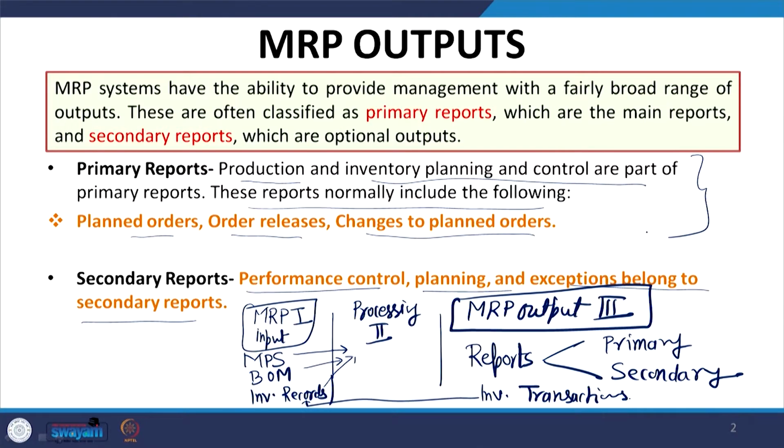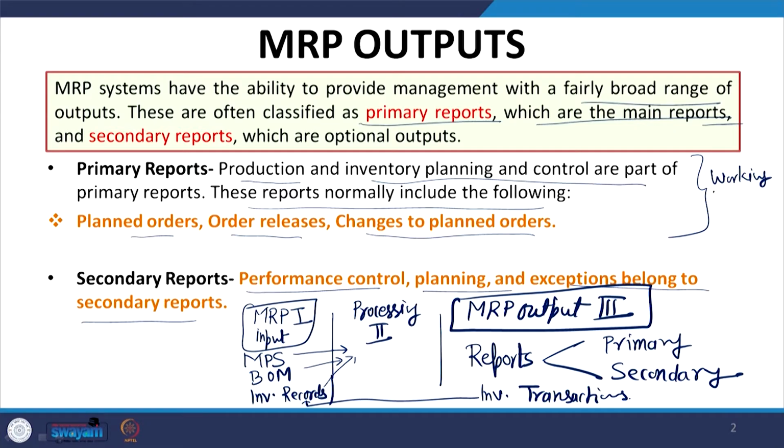To know the quality of your MRP, secondary reports are used, but decisions are taken on the basis of the primary report. A fairly broad range of output is classified as primary reports, which are the main reports, our working reports.